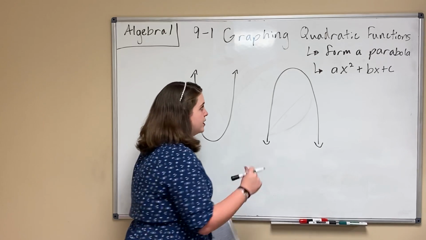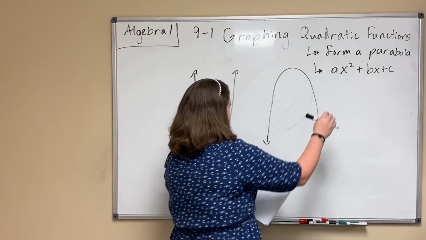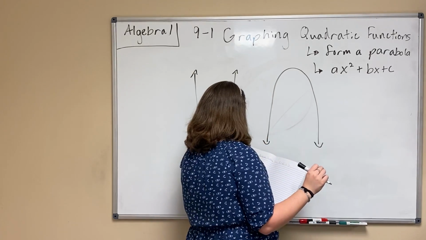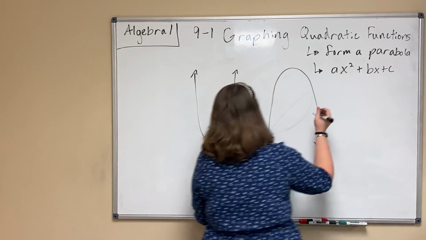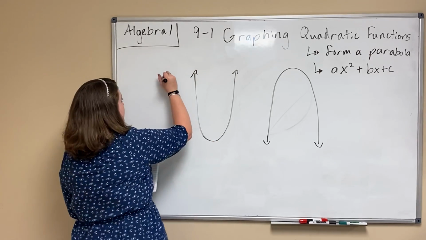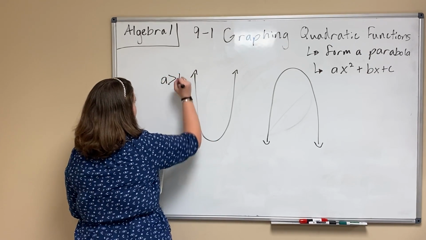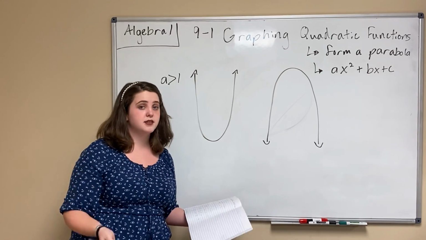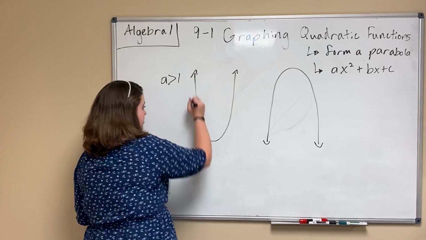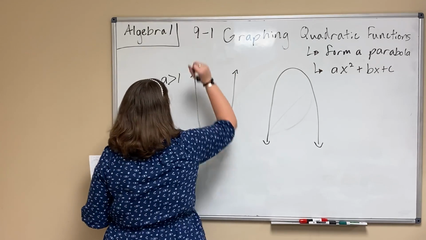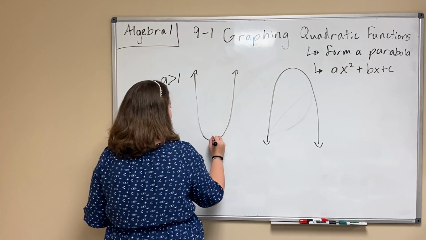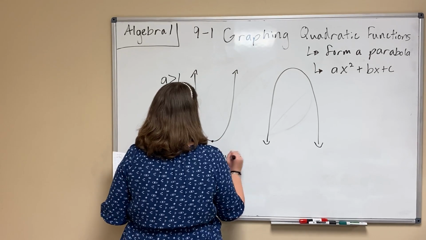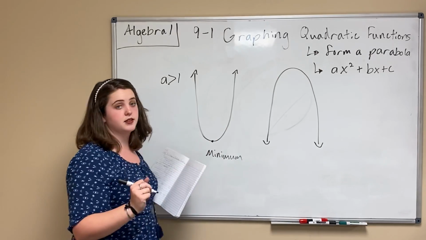Now, if a, the leading coefficient of the equation, is greater than 1, here I'm going to write it over here, a is greater than 1. In other words, if a is a positive number, our parabola is going to look like this, going up forever, hitting a minimum, and then going up forever on both sides.